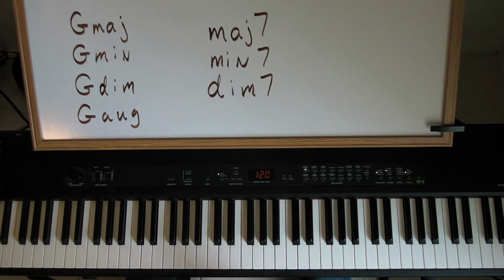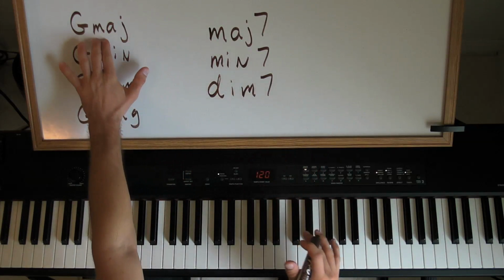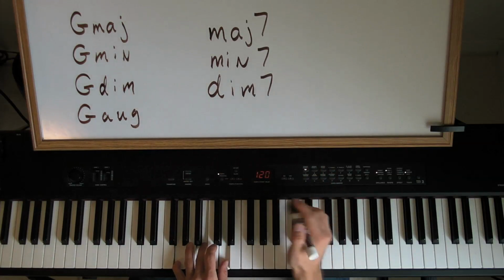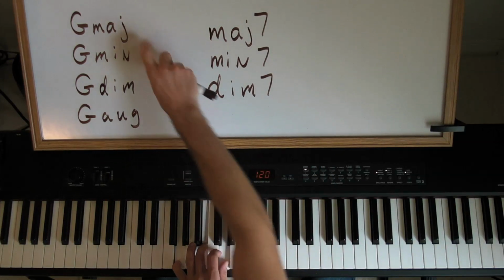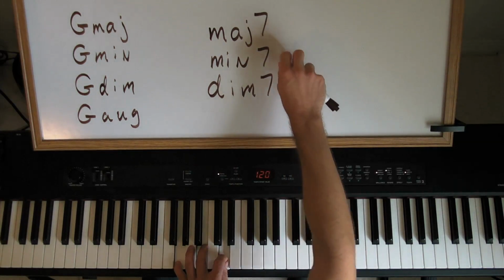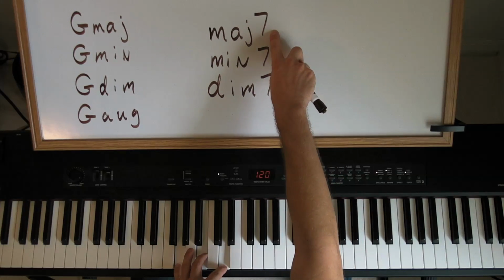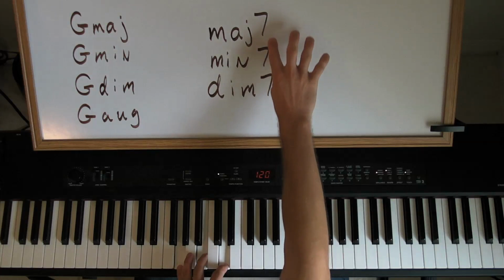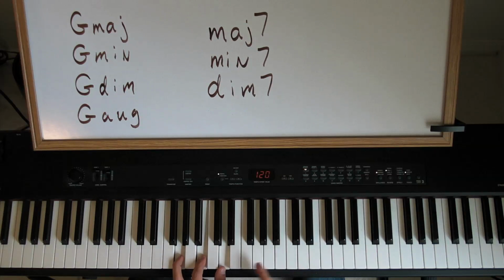Okay, so the process we had started with one of these. Let's say that G major chord right there. We actually did this one last time. Let's say we start with this G major chord. We want to do one of these, so we'll start with this top one here. We're going to apply a major 7th interval to this basic triad. Now remember, to find your major 7th interval, you always measure from your root note, so we're looking at G right here.